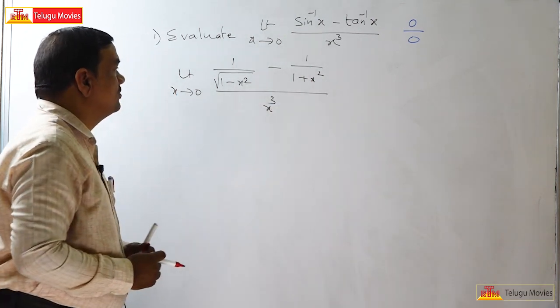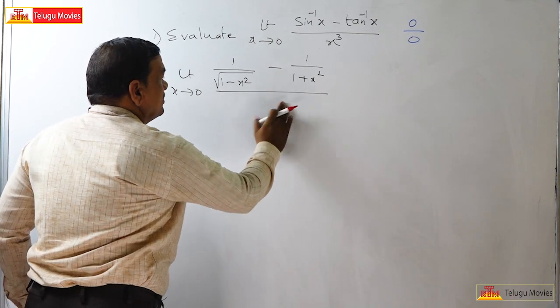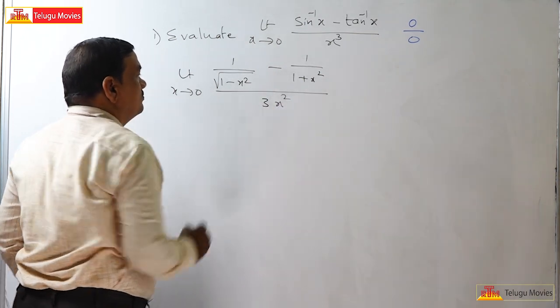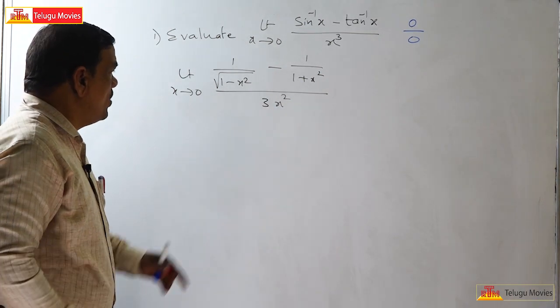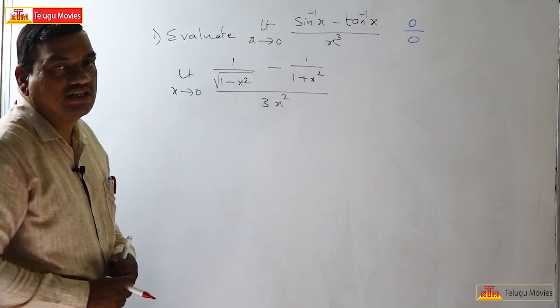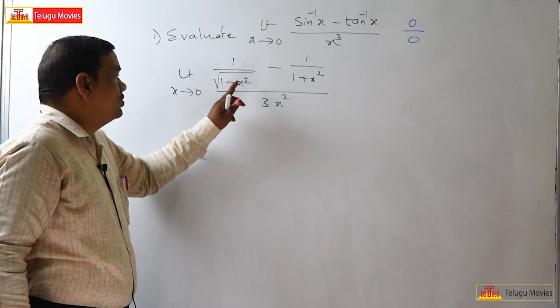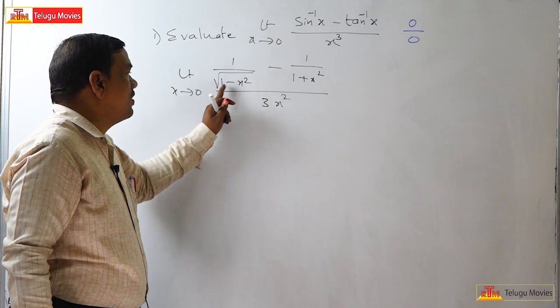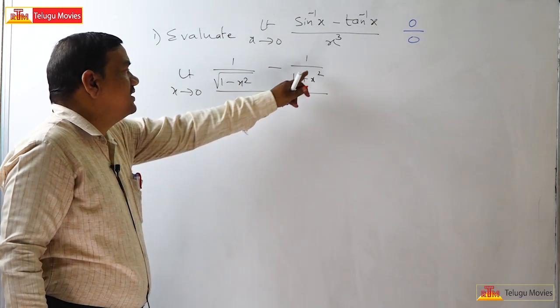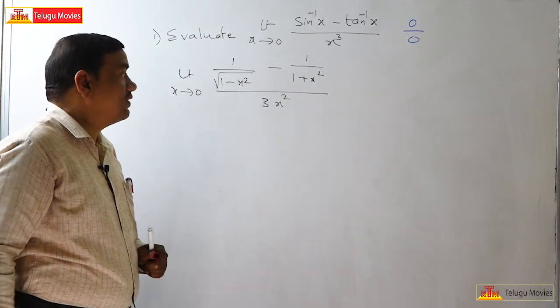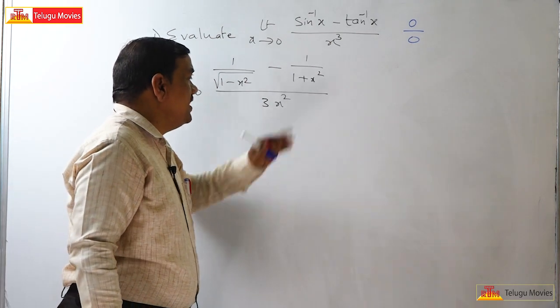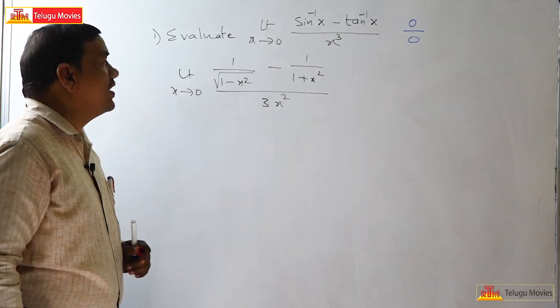The derivative of x cube is 3x square. Now as x tends to 0, substitute: 1 minus 0 is 1, minus 1, you get 0 by 0 again.